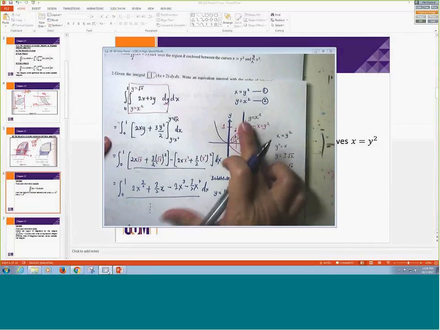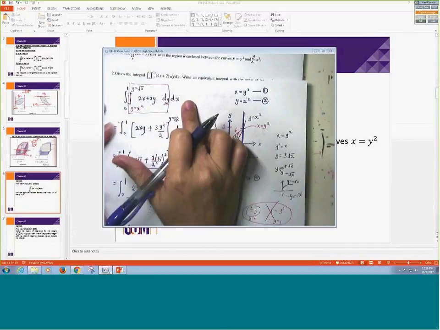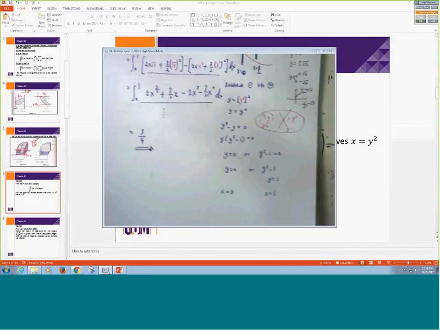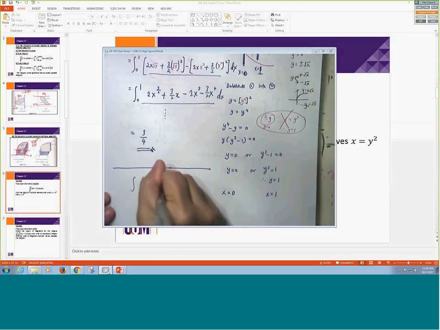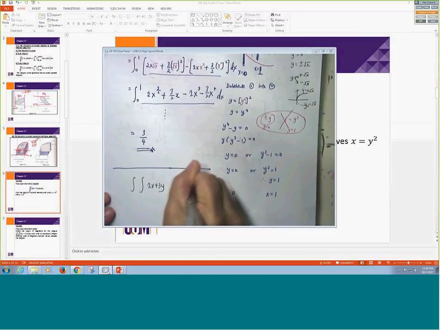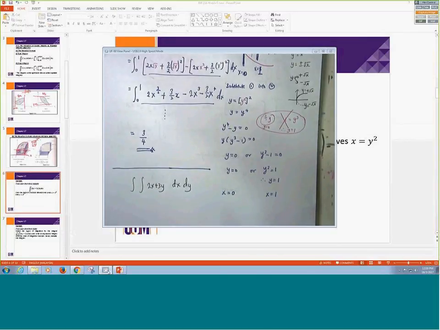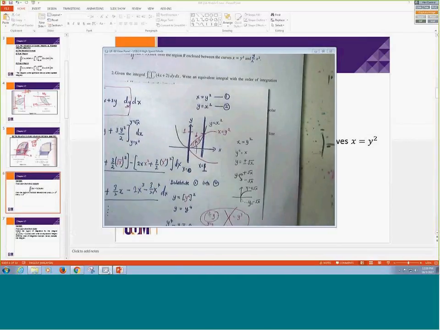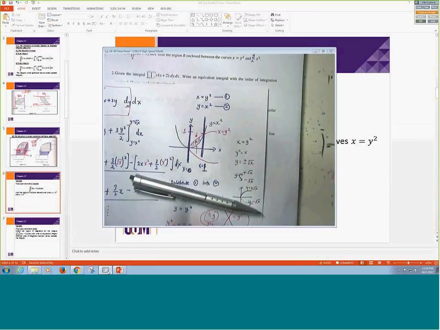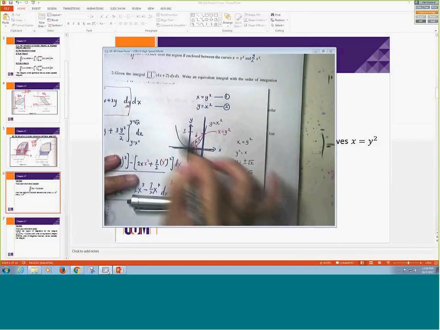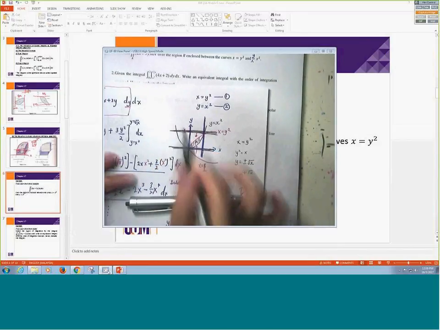If it is the same question, instead of dy dx, it can also be dx dy. So if I would like to write it in dx dy, it means y must be constant. If y must be constant, that means I need to take the horizontal line.